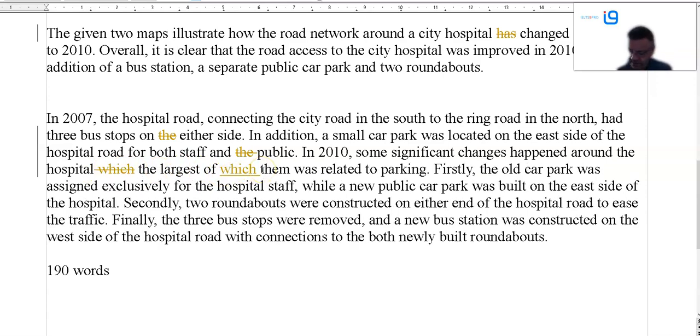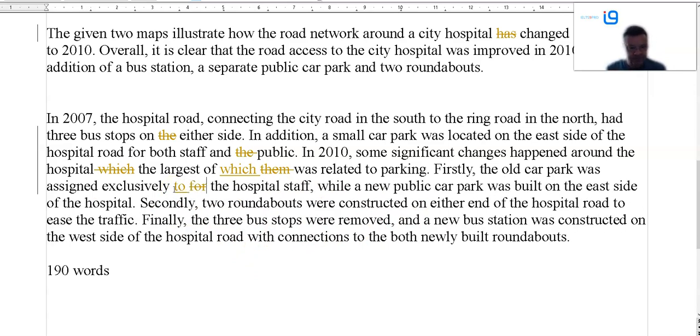Related to parking. Firstly, the old car park was assigned exclusively for the hospital staff when a new public car park was built on the east side of the hospital. 2 roundabouts to ease it. Now, that may have been what it was for, but that's your opinion, and I would not include that.